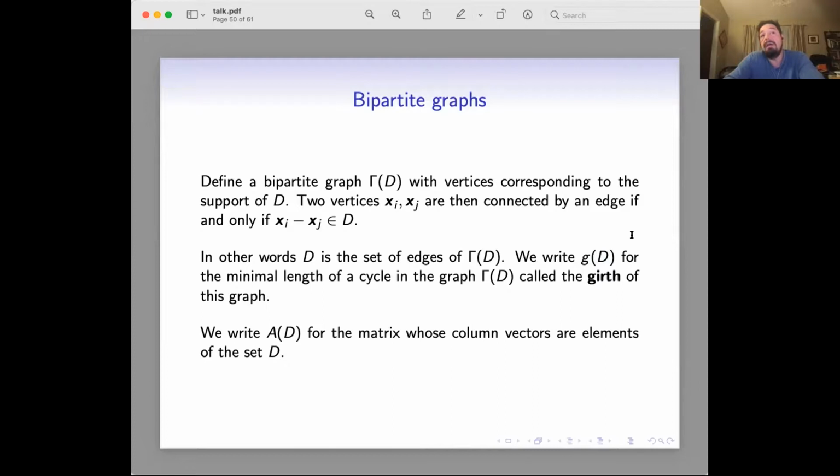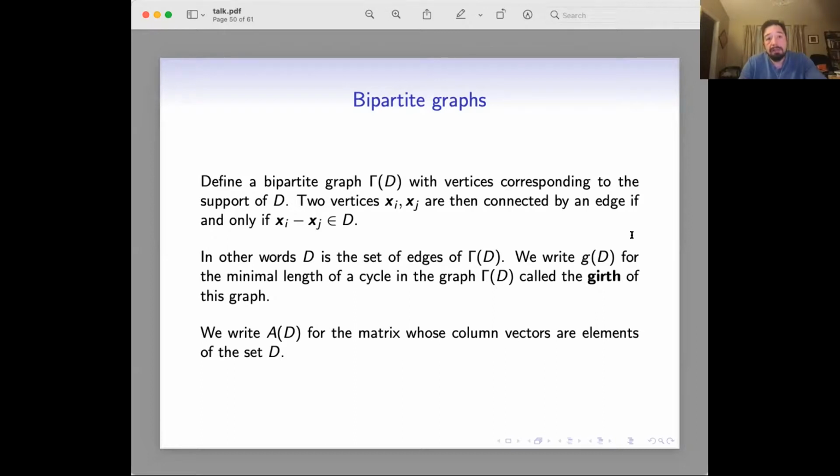That's the length of a minimal cycle in the graph. Then let me write A of D for the matrix whose column vectors are elements of this set D.